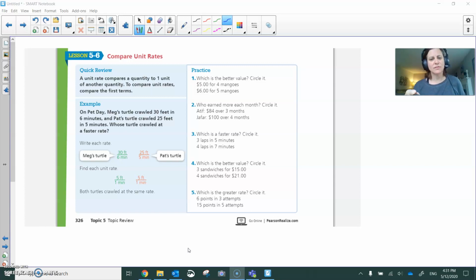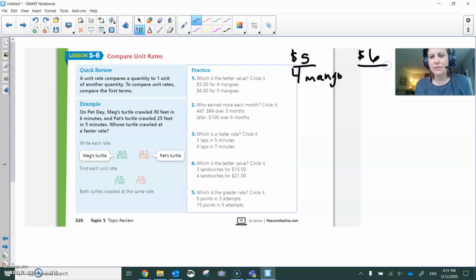Okay, so for the first one, $5 for 4 mangoes, or $6 for 5 mangoes.